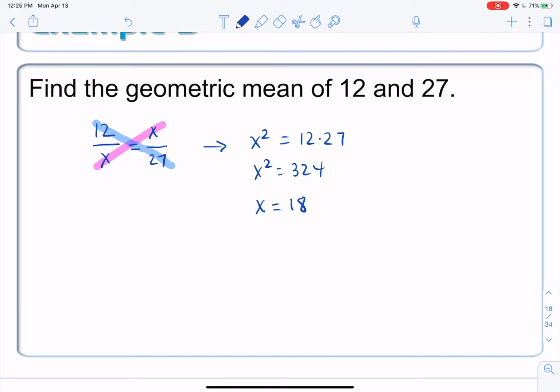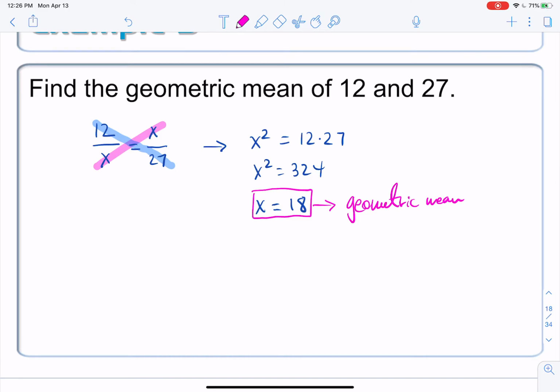Believe it or not, it's 18. So what we just found here is the geometric mean of 12 and 27. And notice, of course, that 18 is someplace between 12 and 27.